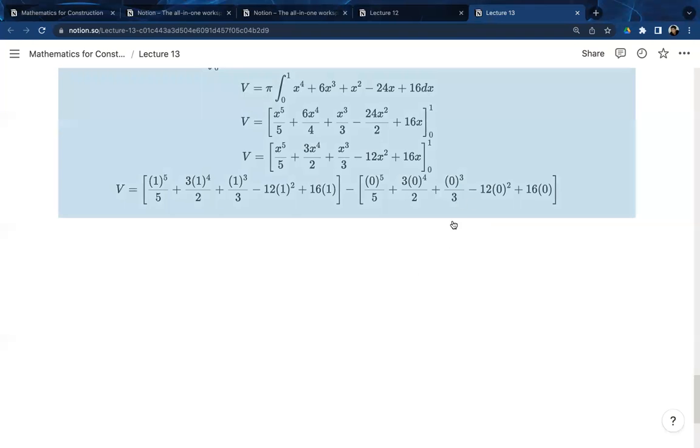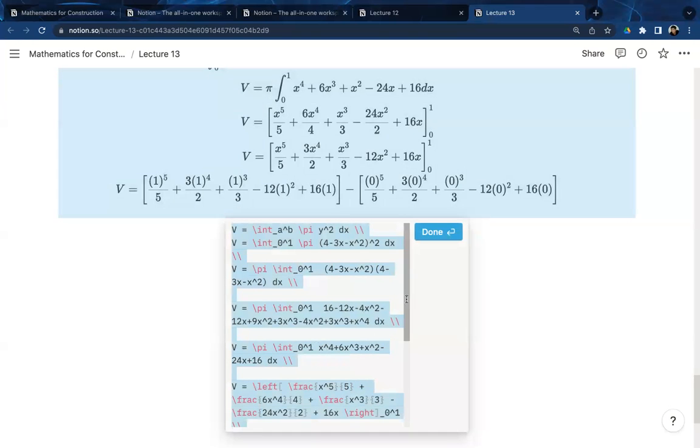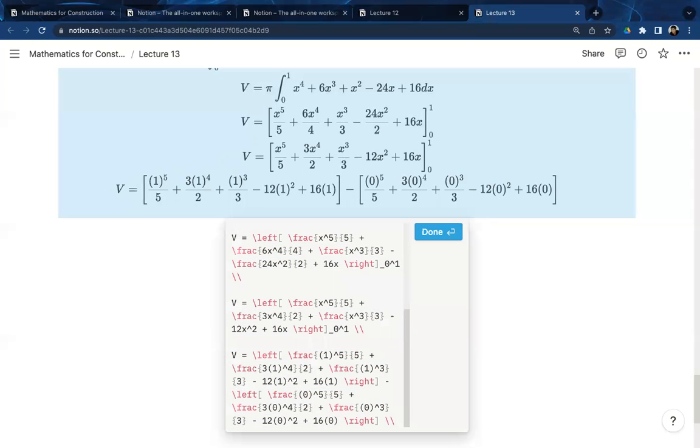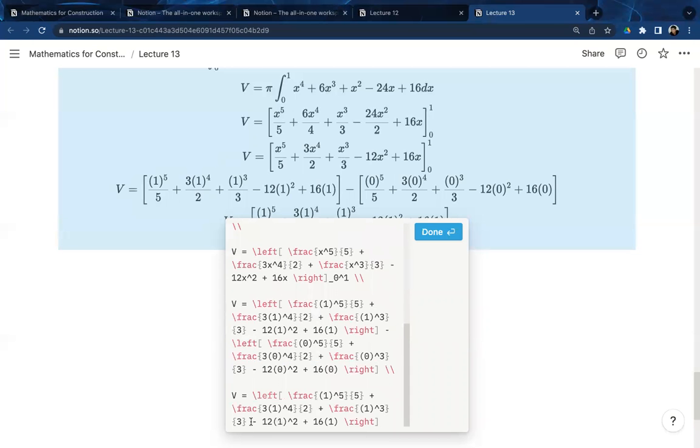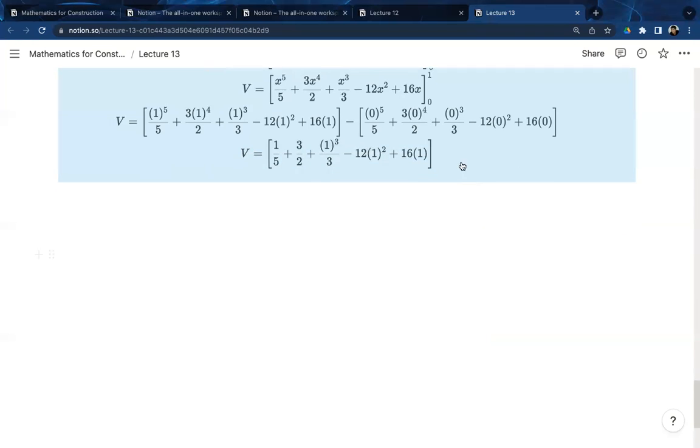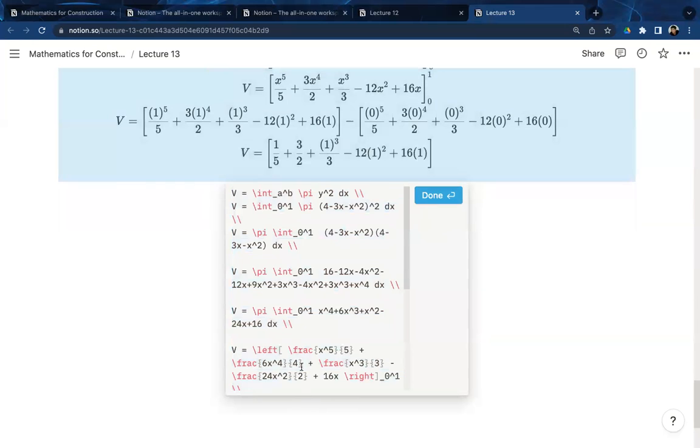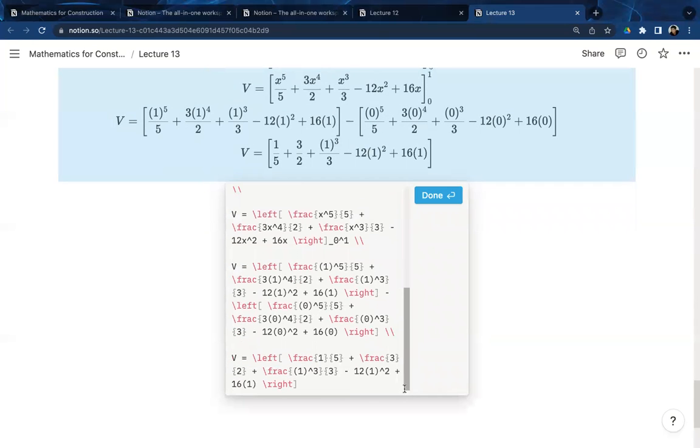So this entire thing here is 0. So I'll end up with this is 1/5. It's 3 over 2. This is 1/3.